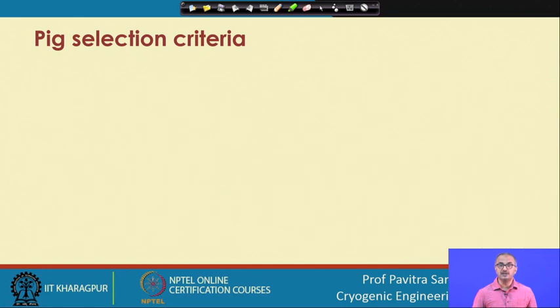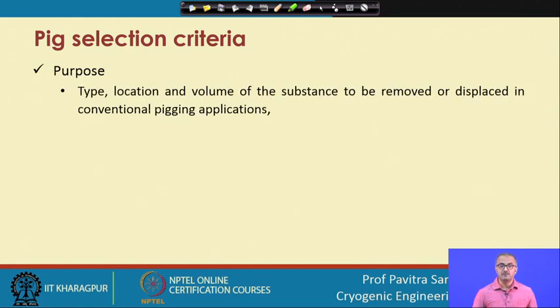Now how to select these various types of pigs? First is the purpose. We have to understand what type of application we want it for, then where it is to be done, the location, and the volume of the substance to be removed or displaced in the conventional pigging applications. So we define the purpose of pigging.